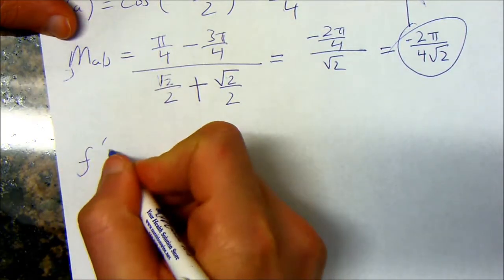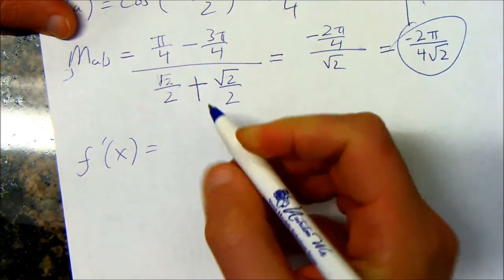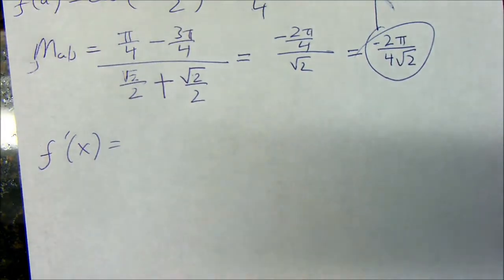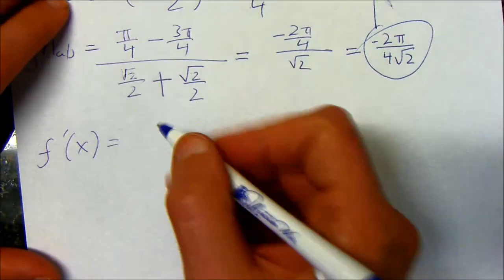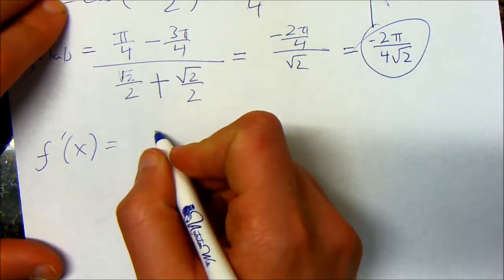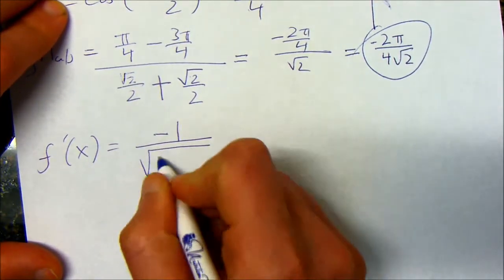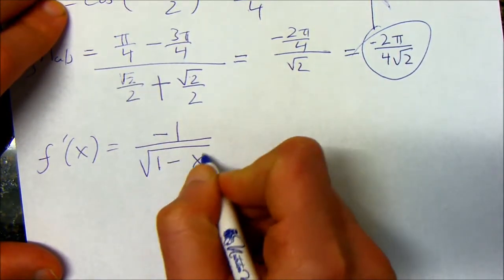F prime of x, which is what? What's the derivative of inverse cosine? Just apply the formula. Inverse cosine, or arc cosine, is going to be negative 1 over the square root of 1 minus x squared.